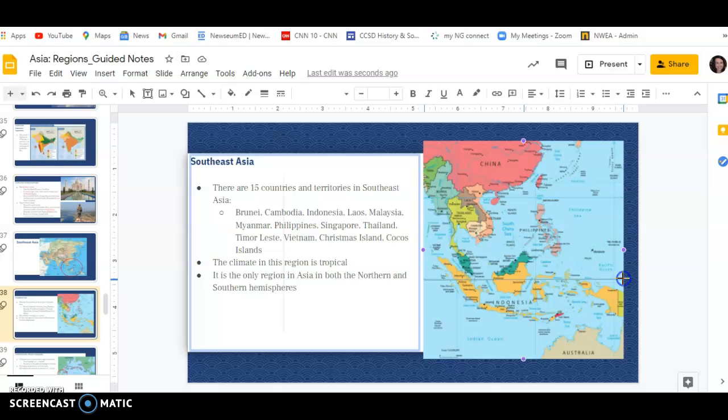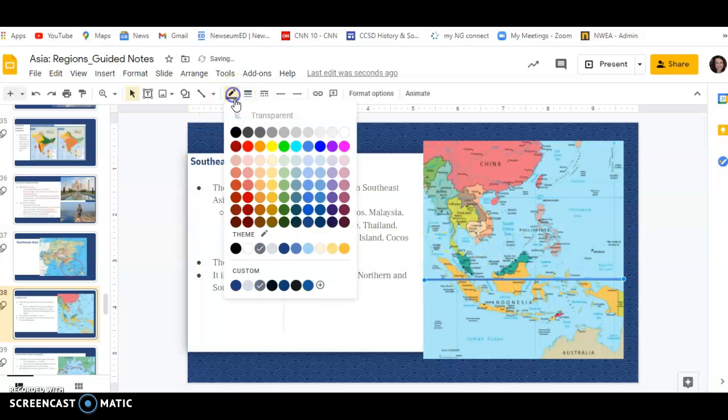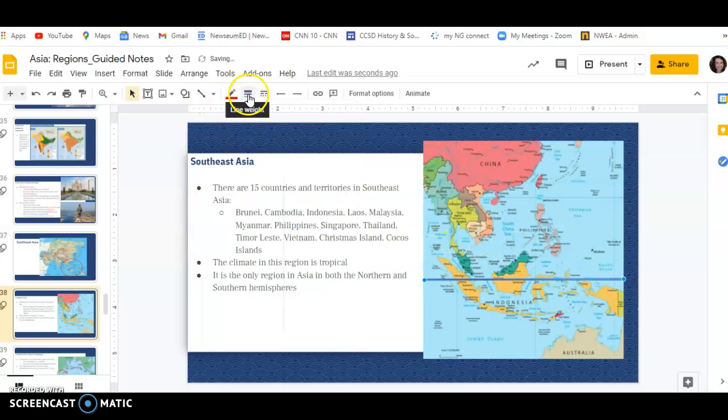Remember that the equator splits the world in half between the northern and southern hemispheres. So here's our equator right here. Notice how above, part of Southeast Asia is in the northern hemisphere, but also down here, part of Southeast Asia is in the southern hemisphere.